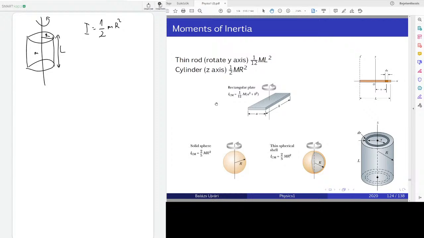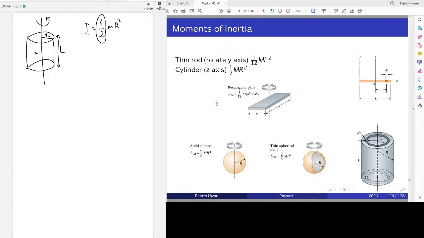So for the full cylinder, the moment of inertia is pretty simple. For the solid sphere, it's 2 over 5. So we mainly change only this constant factor before the m r squared.